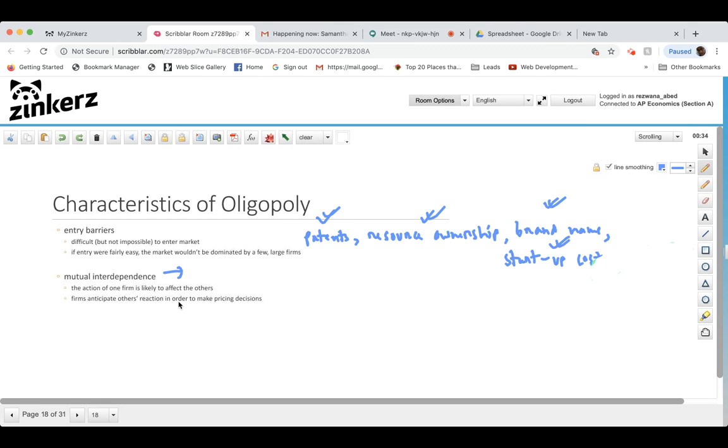You can play well, but if they're playing equally well, you're not likely to win the game. But you can win if they're not doing as well as you. So that is the interdependence portion of oligopoly.